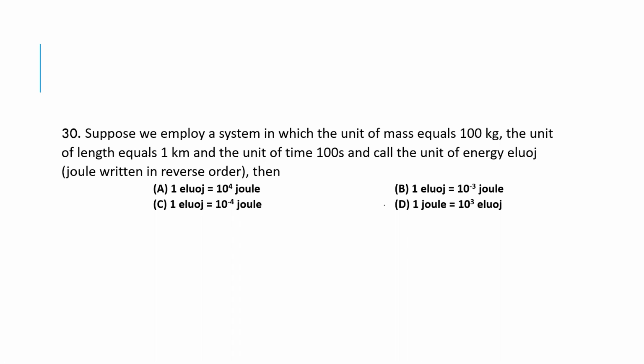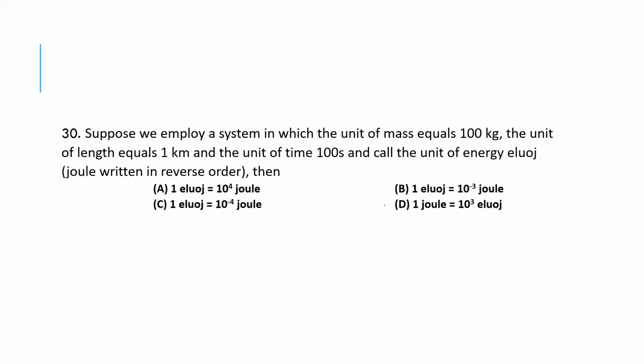So what is the question? Suppose we employ a system in which the unit of mass is 100 kg, the unit of length is 1 kilometer, the unit of time is 100 seconds, and the unit of energy is taken as 1 e-joule. Then 1 e-joule is equal to how many joules?